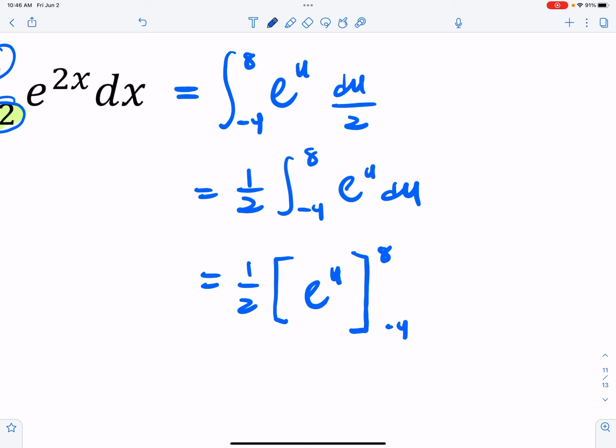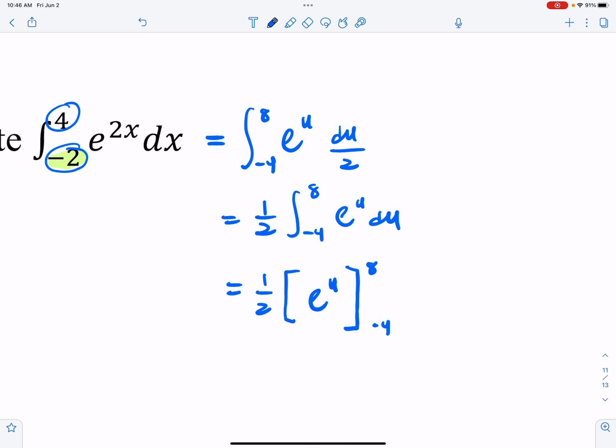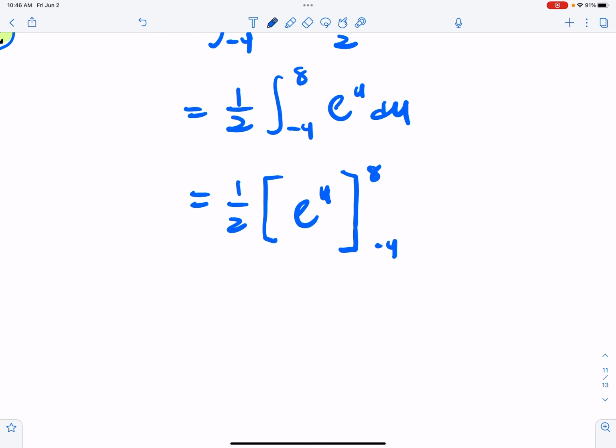The other approach you could technically use here is to do the u substitution as an indefinite integral as side work and substitute what you had let u equal to back in, so everything's back in terms of x, and then use the original limits of integration, the -2 and the 4.